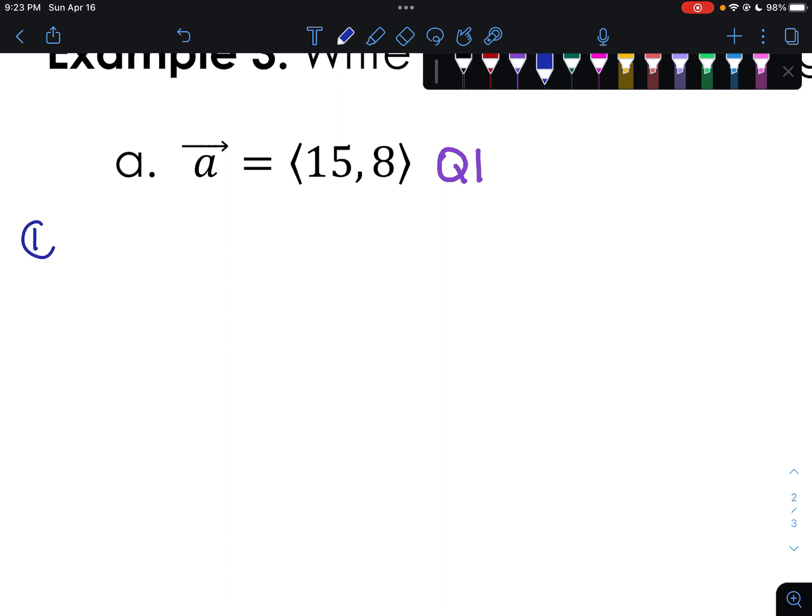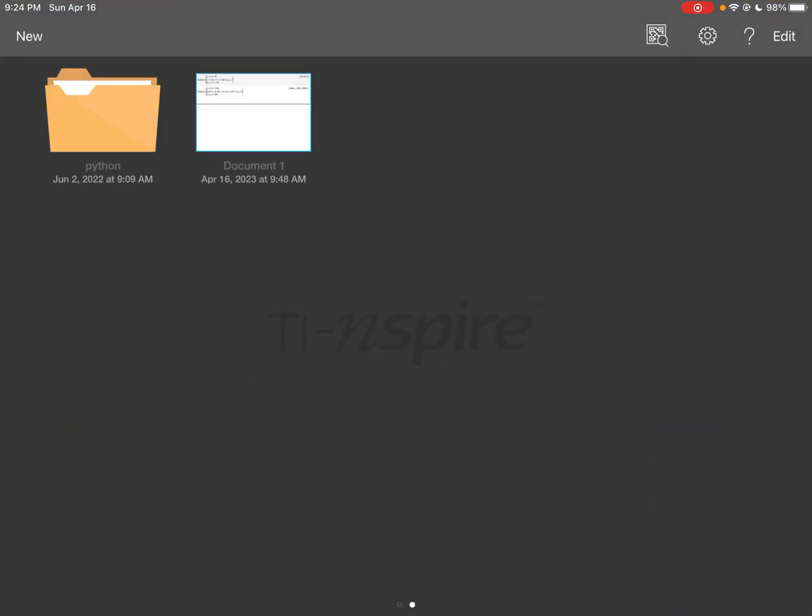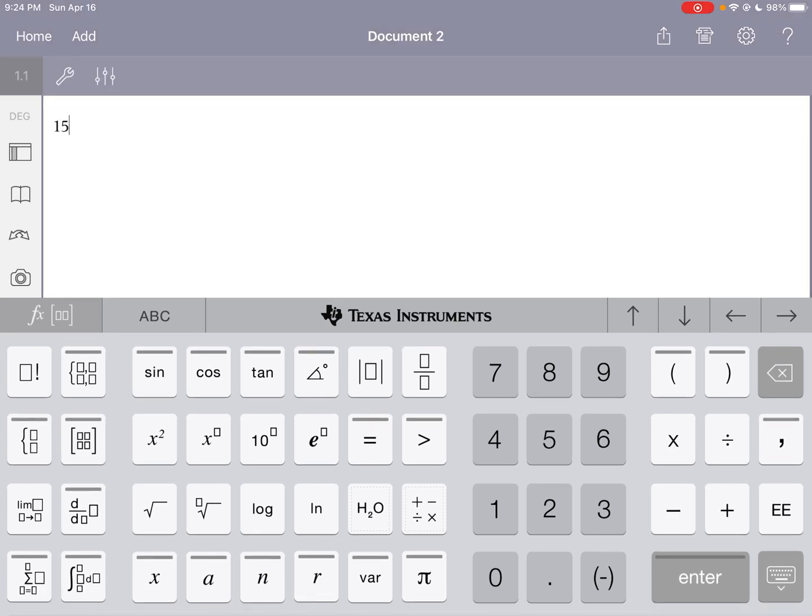So step 1, we're going to find the magnitude of vector A. That is where we take the square root of 15 squared plus 8 squared, which is 289.